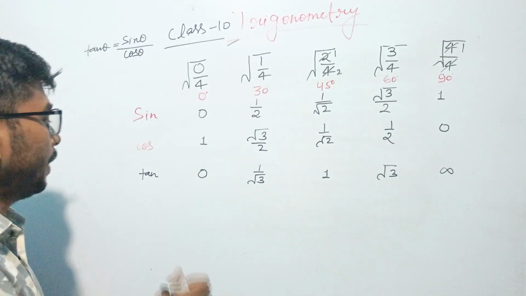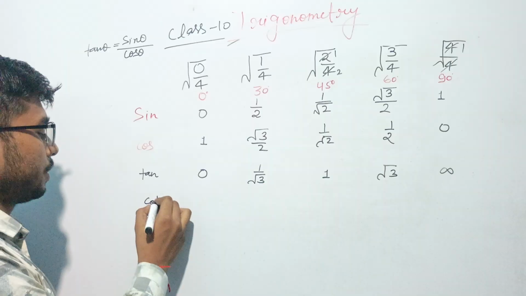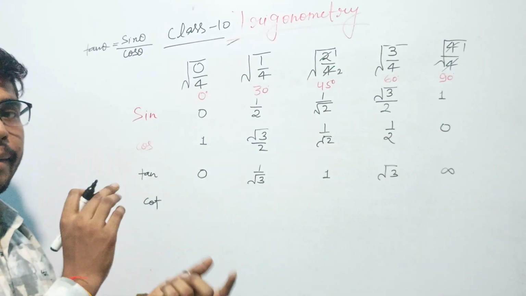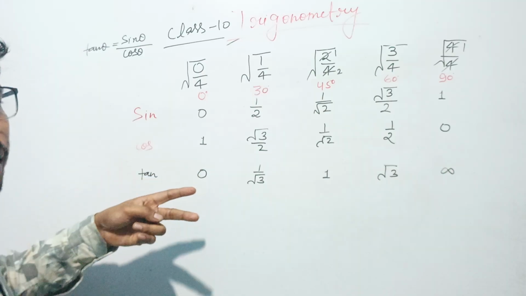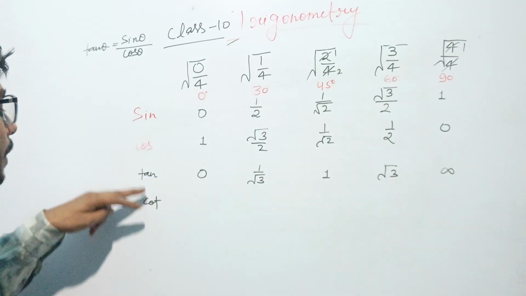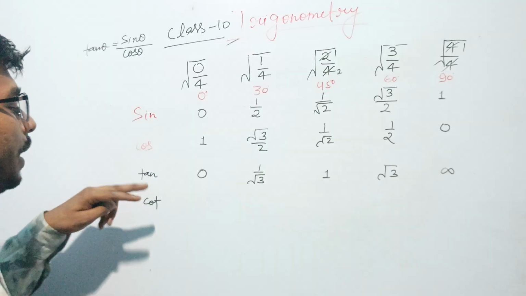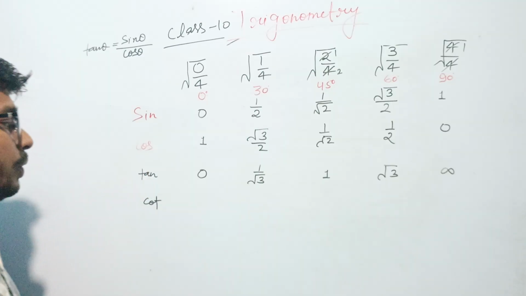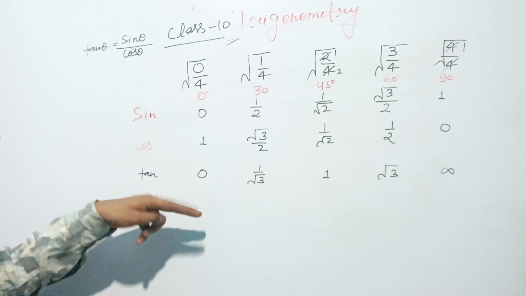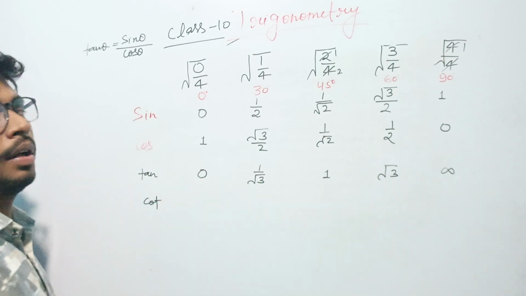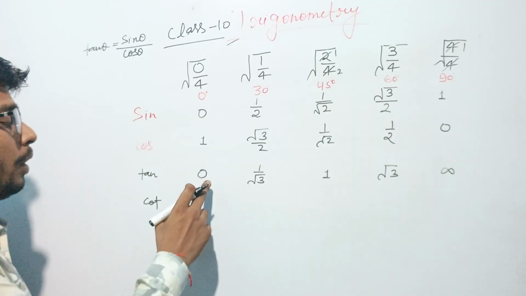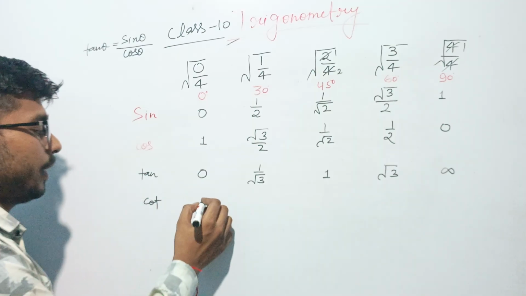So what will be the value of cot? Cot is, again, just reverse it, or you can reciprocate. I told you the relationship between tan and cot: they are reciprocal of each other. Reciprocal of 1 is 1, reciprocal of 0 is 1 upon 0, so you will get infinite.